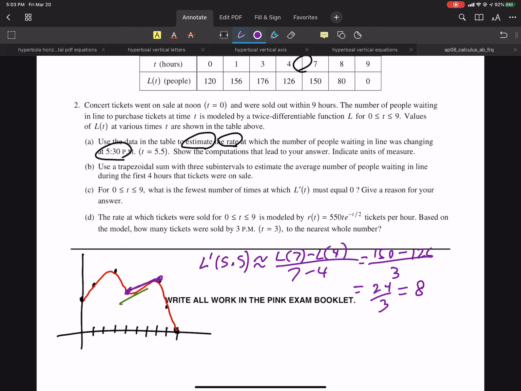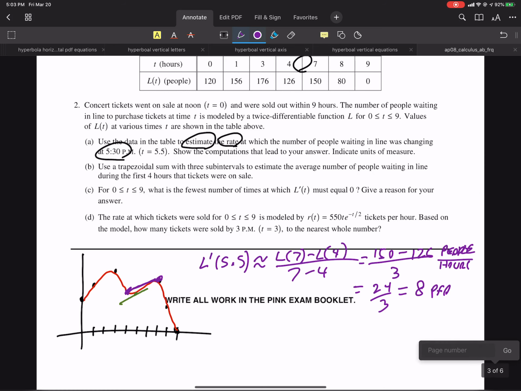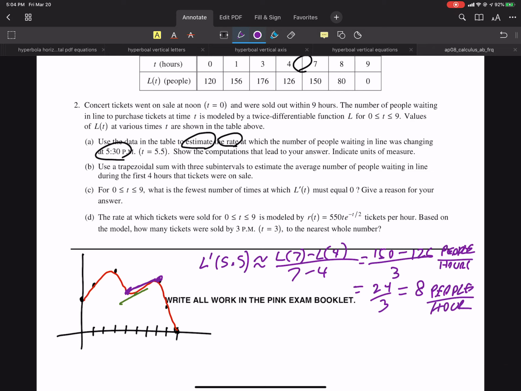L is people, and the bottom number is time, so it's hours. So our units should be people per hour. People per hour. 2 points.